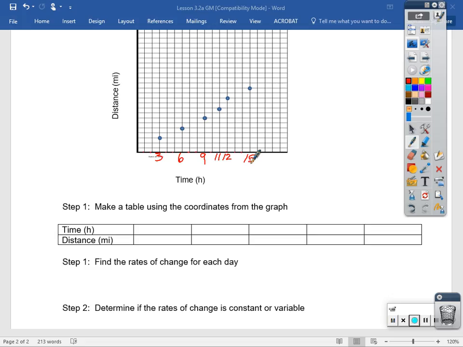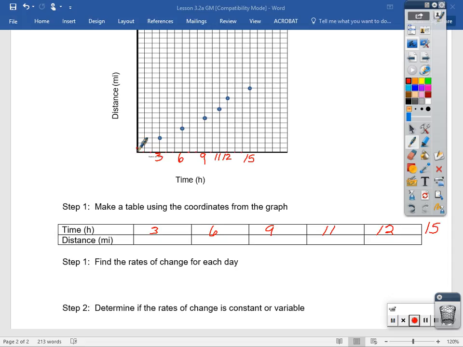That's our time. So our time, 3, 6, 9, 12. And you know what? I'm going to put my 15 down here just because I can.